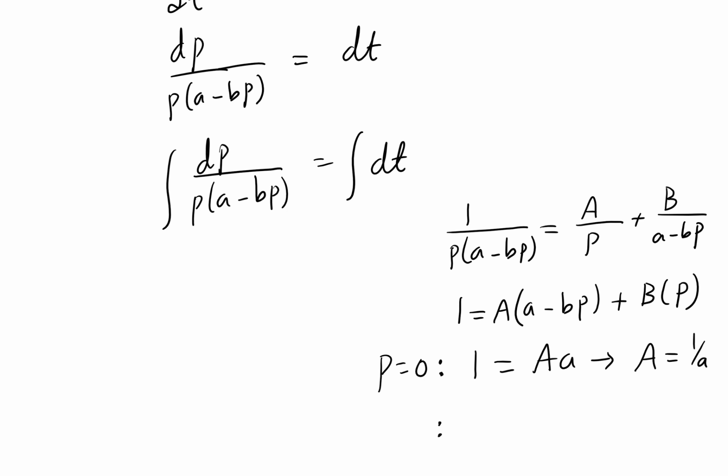What another value for P can we pick here? Yes, thank you. So P equals a over b. So this part is gone if you substitute a over b, and the other one is simply B times a over b. So B is b over a.